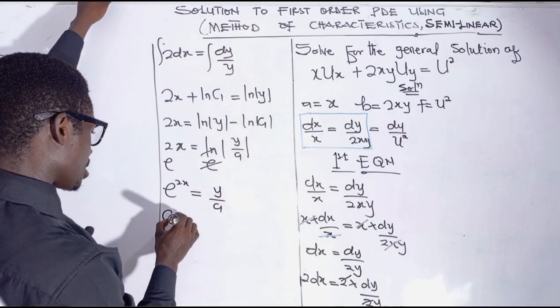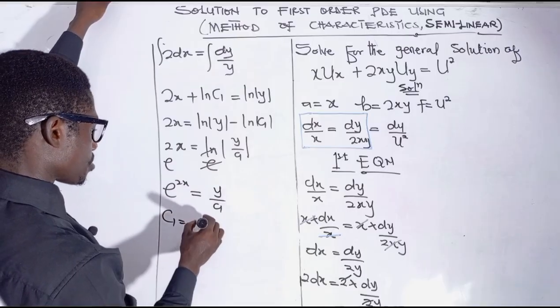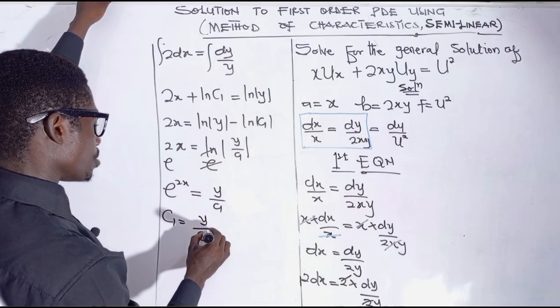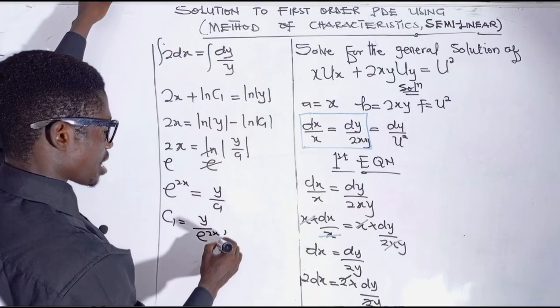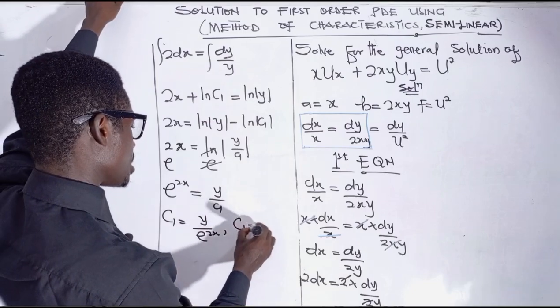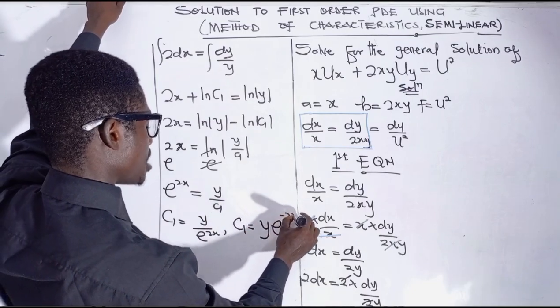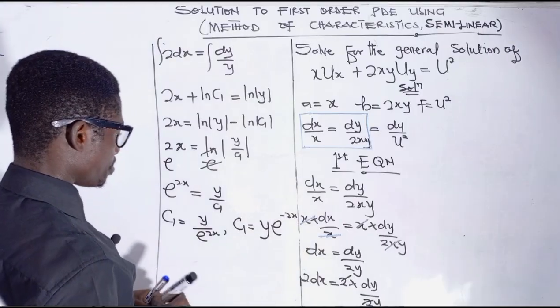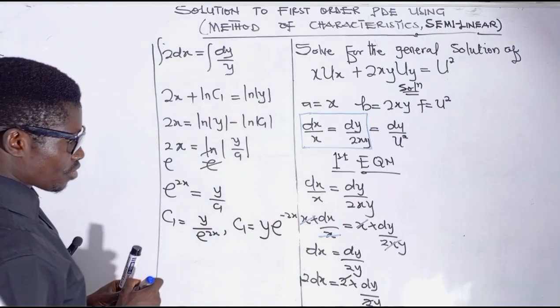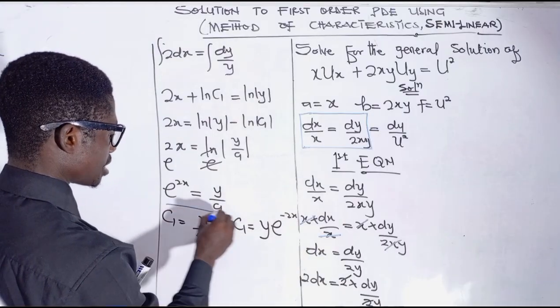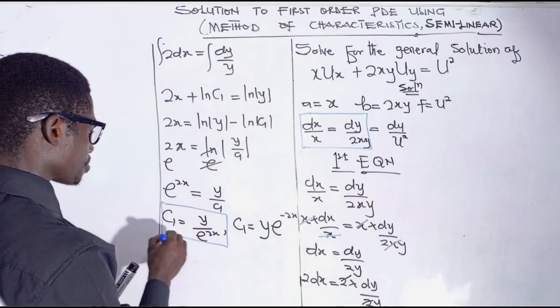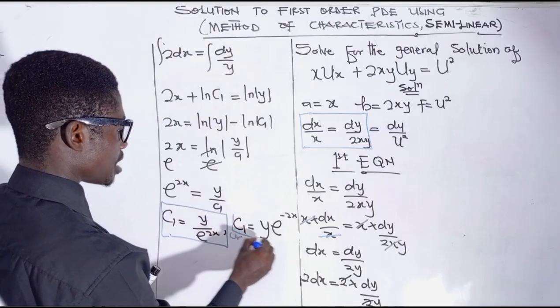So our c1 is equal to y over e to the power 2x, and we can write this in indicial form as c1 is equal to y e to the power negative 2x. Now we have one of our solutions, which is either this or that.